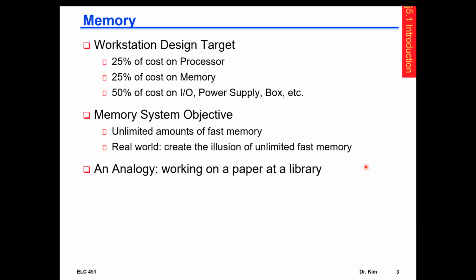You look up the reference material that you needed in the book. You use it as you're writing and typing your paper. But think about it: when you finish looking up the book, you don't close the book and return it to the stack. That's not what you do.